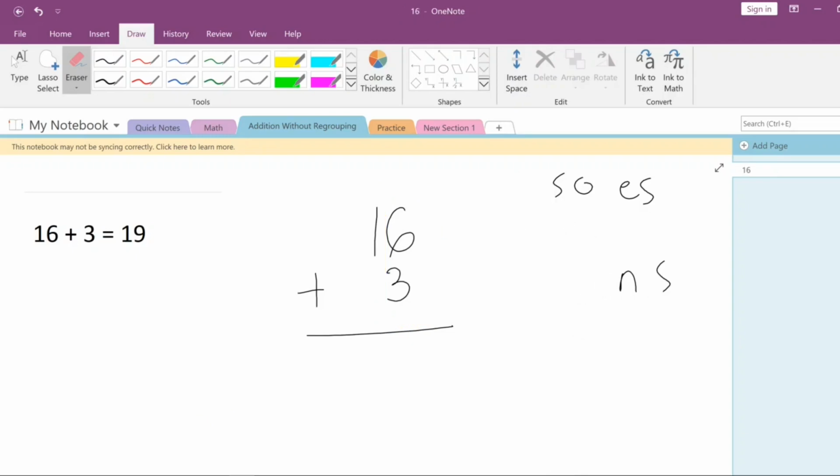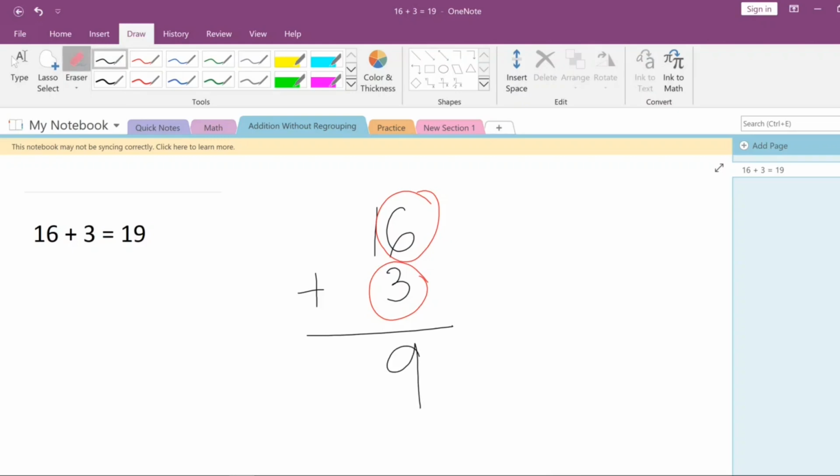Okay. So now that we have aligned numbers 16 and 3, the next thing that we have to do is to add them. First, we've got 6 and then 3. So add these two numbers, 6 plus 3 equals 9. And then we've got 1 here.